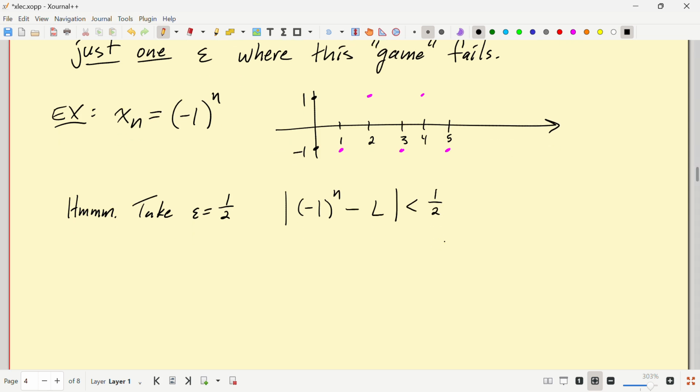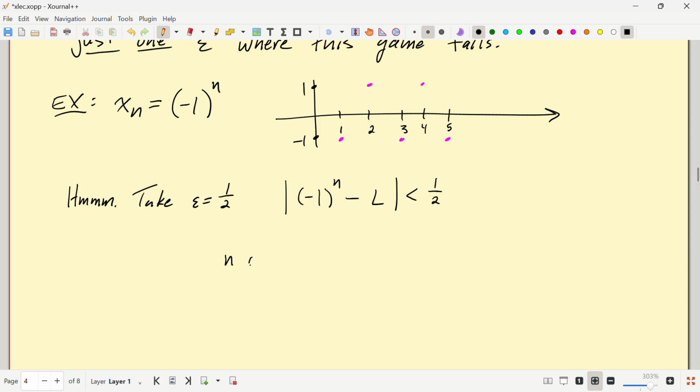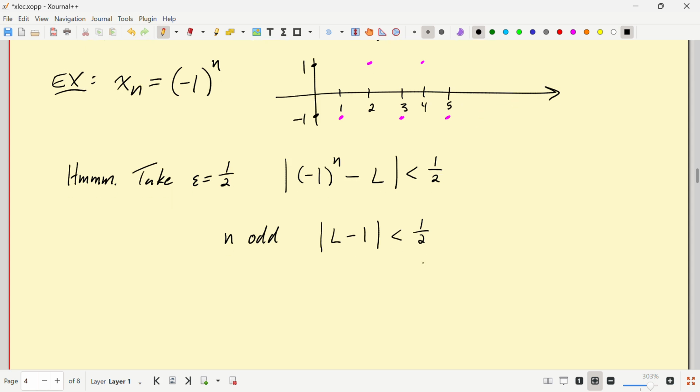When n is odd, that would be L minus 1. And when n is even, that would be L plus 1.